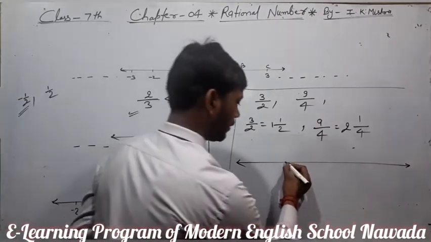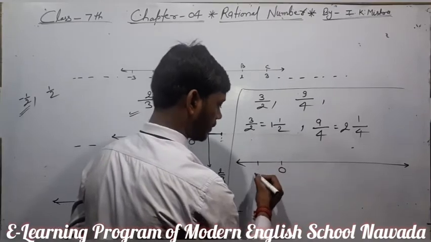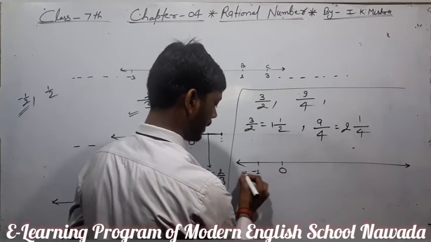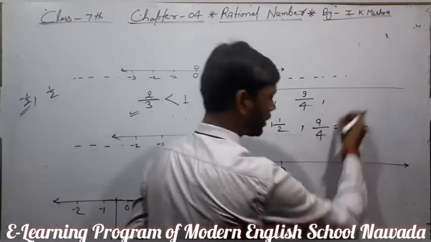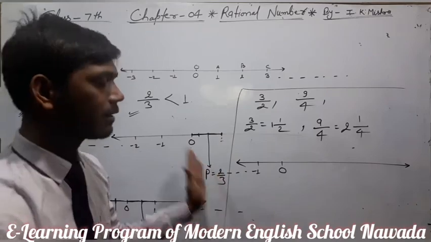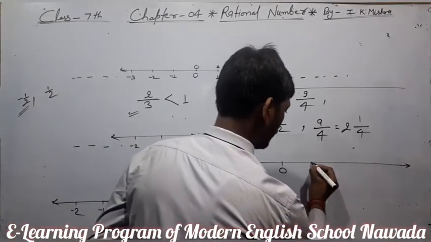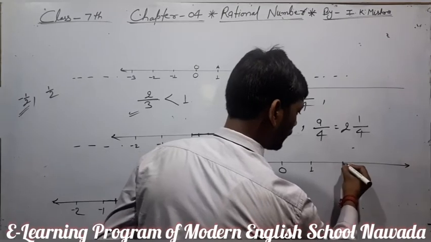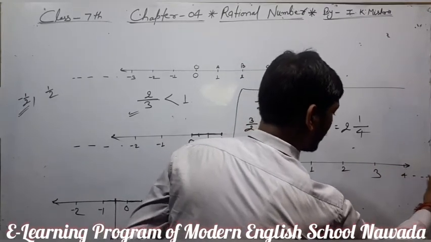Here take 0. On the left side is -1, -2. Here no rational number is negative, so I no longer represent negative integers. I write here 1, 2, 3, 4 and so on.